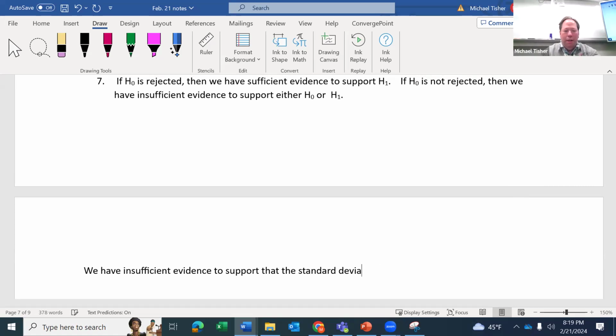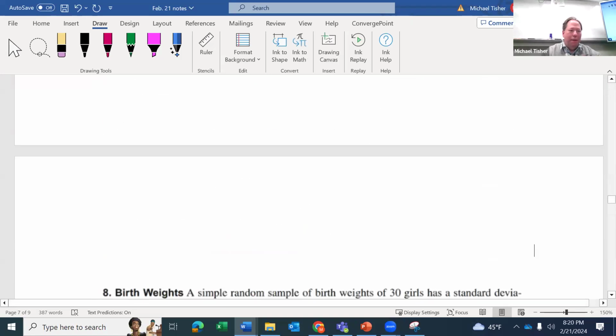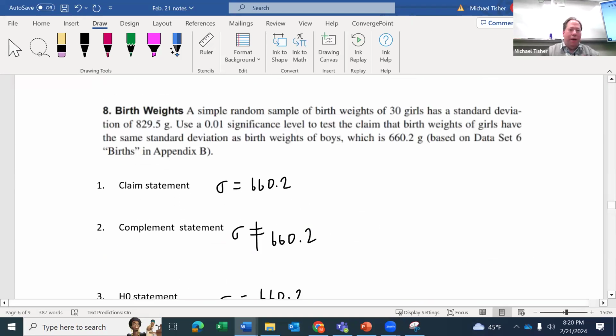The standard deviation of boys' birth weights is the same as girls' weights. Okay, kind of makes sense, right? Because we have 829.5 and 660.2.